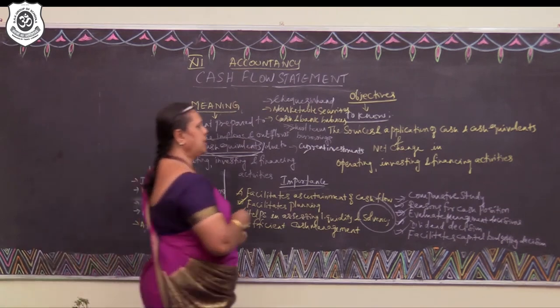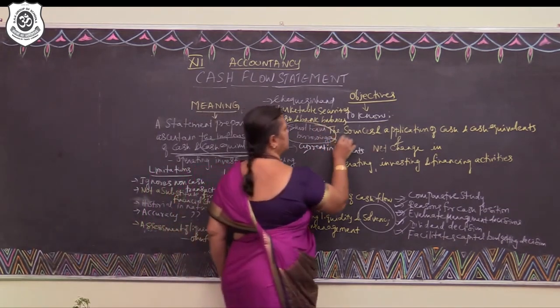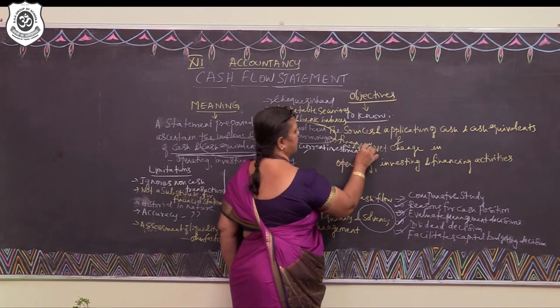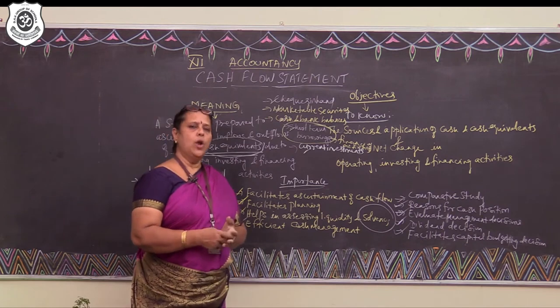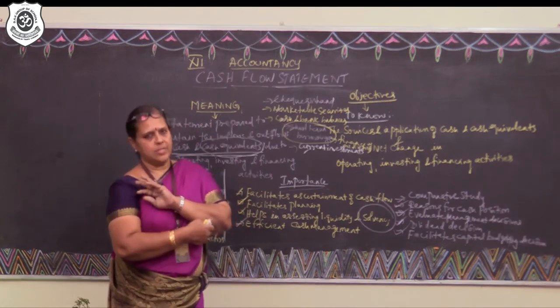In fact, after the amendment of the Companies Act, short-term borrowings are considered to be a part of financing activities. Then current investments. Any investment which is not a part of non-current investment will be considered to be a current investment.